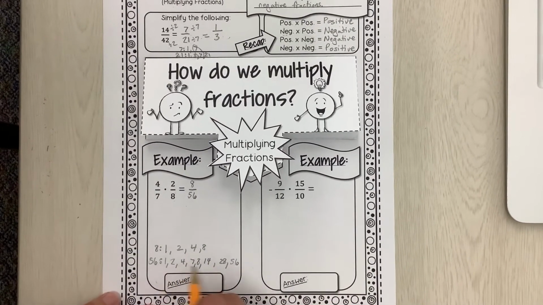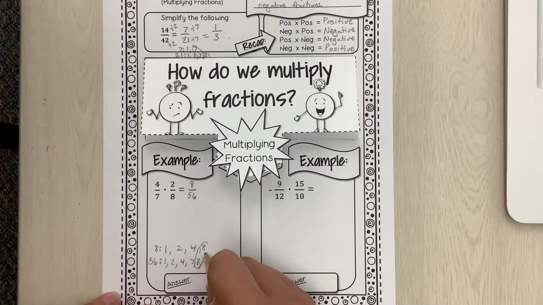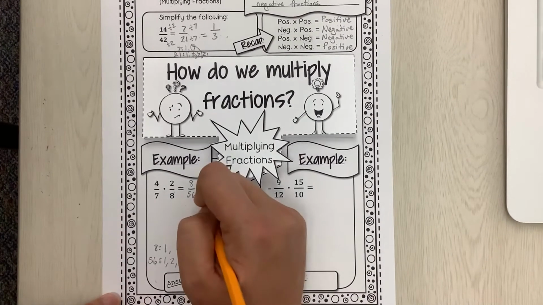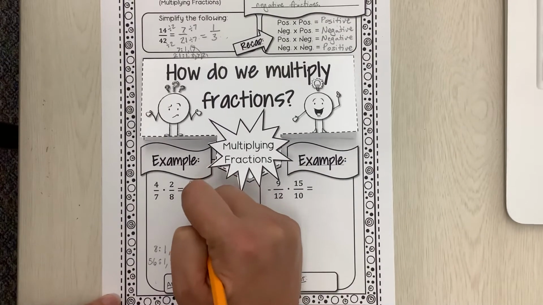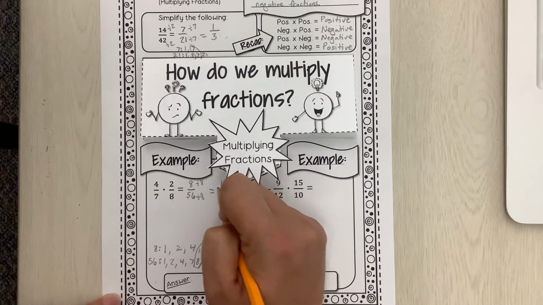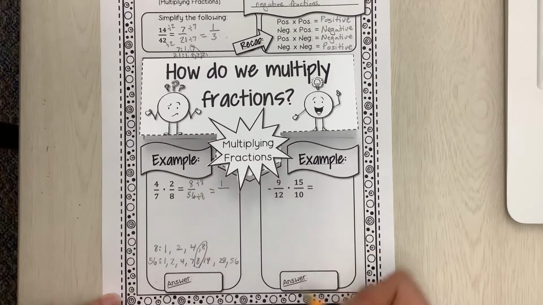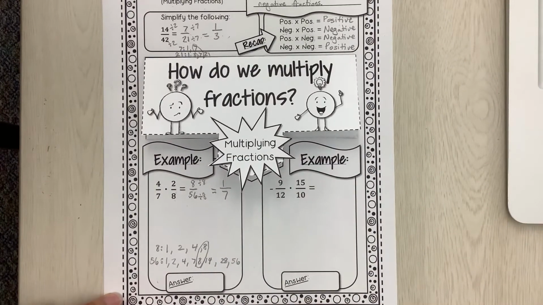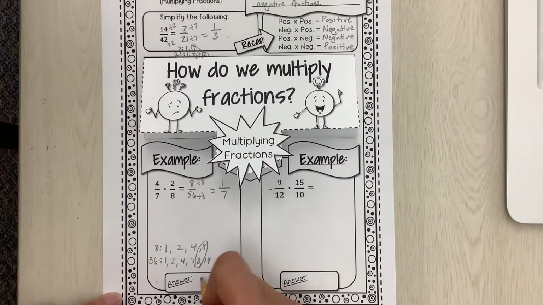If you look, the greatest number that they both have in common is 8. So I'm going to divide both by 8 because I know it's going to work. 8 divided by 8 is 1. 56 divided by 8 is 7. So my answer is 1/7.